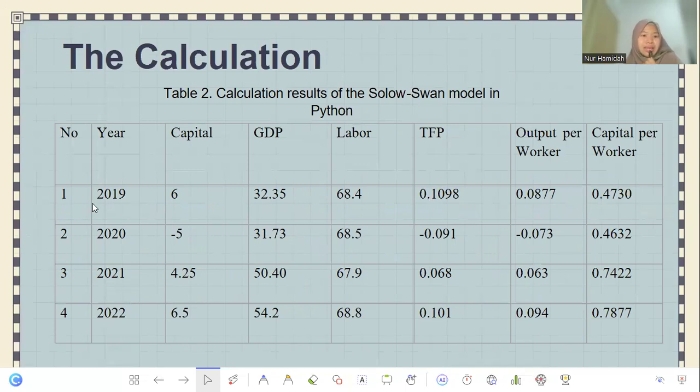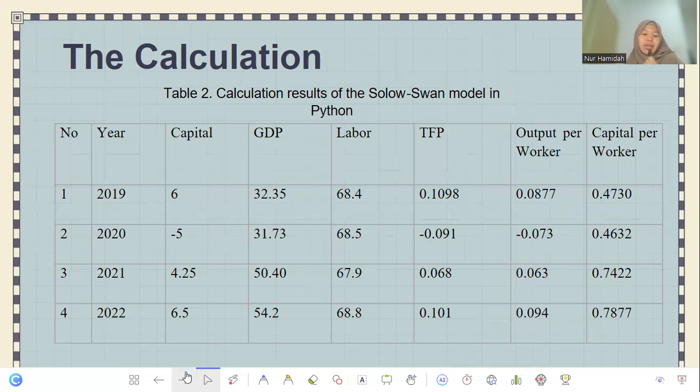In 2019, we have 0.1, in 2020 the TFP is minus 0.9, in 2021 we have 0.068, and then for 2022 we have 0.1. And then we can look at the table of output per worker and capital per worker. The result is like this.